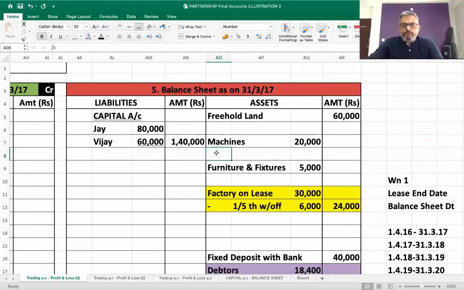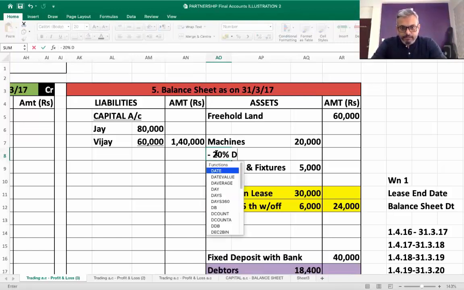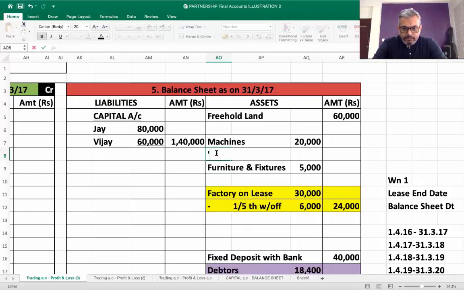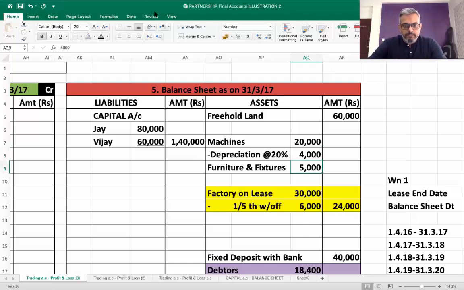Provide 20% depreciation on plant and machine and 5% on furniture and fittings. So 20% depreciation on plant and machine. 20% is 4,000. So it comes to 16,000.